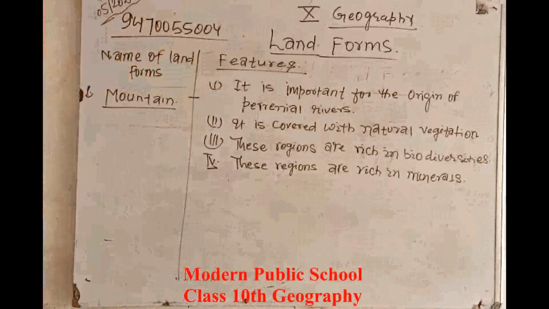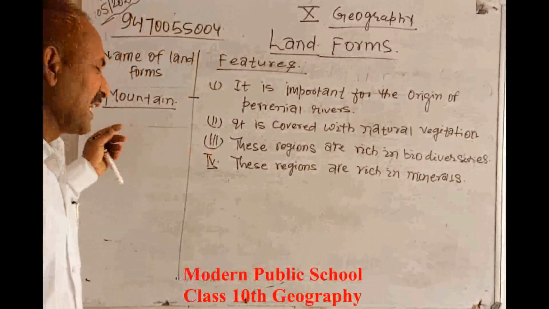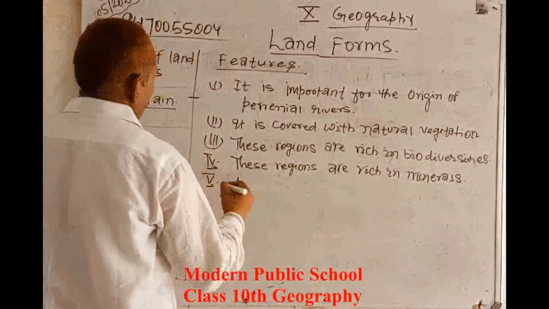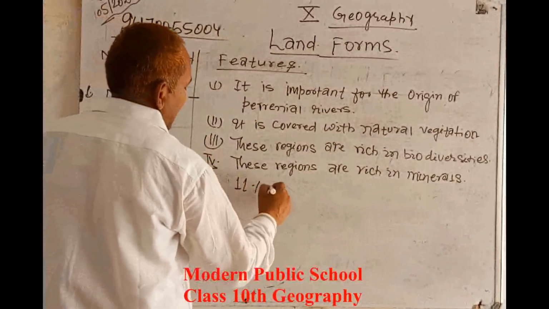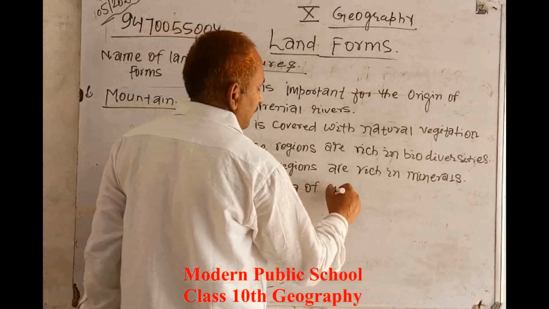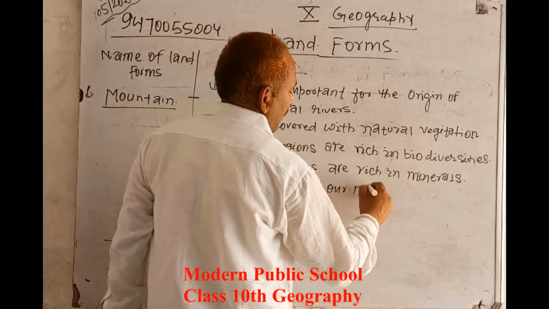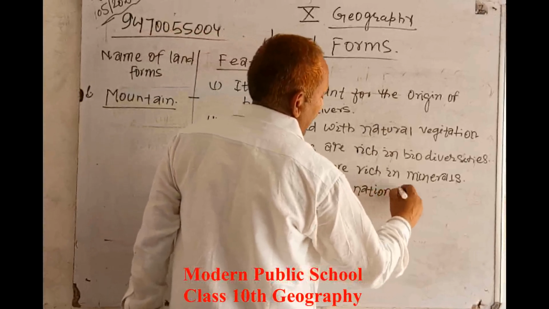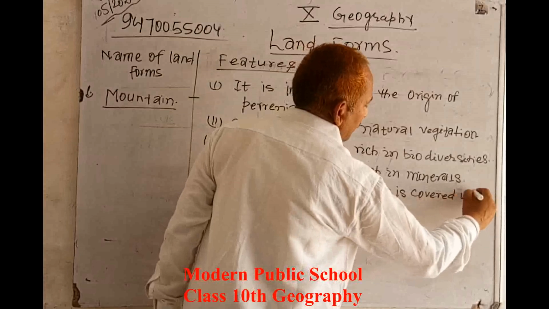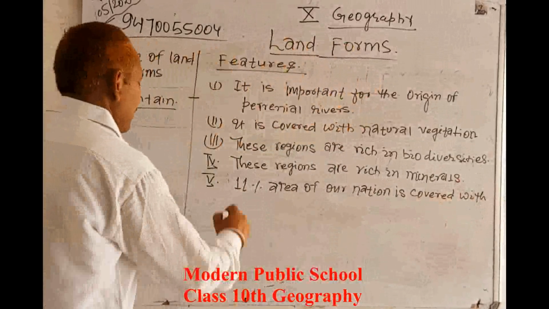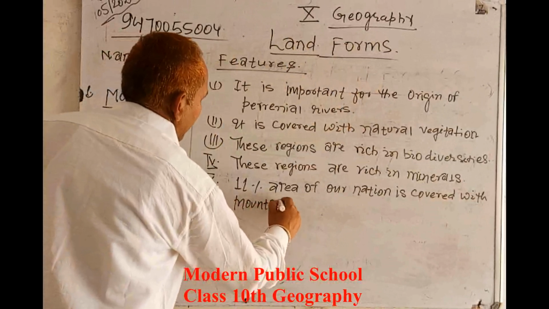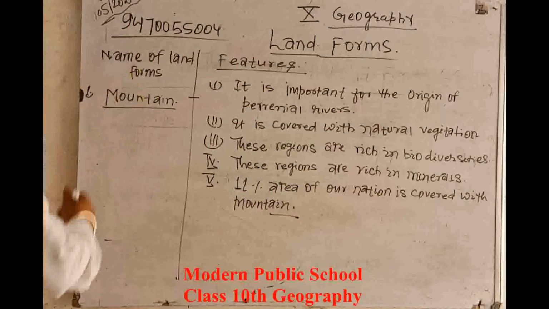Okay, these are the features of the mountainous regions. And the fifth, 11% area of our nation is covered with mountain. Okay, these are the features of the mountain.